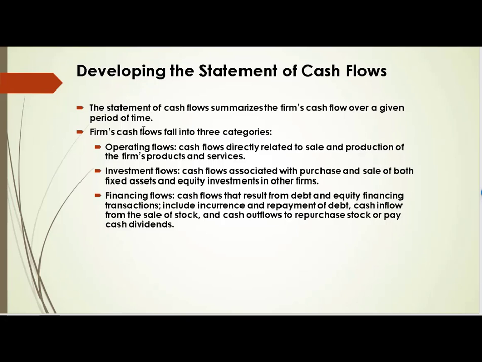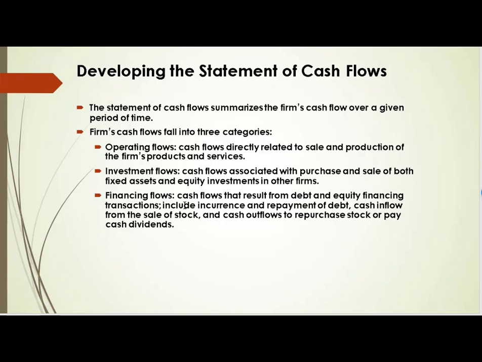So the firm's cash flows fall into 3 categories. Operating cash flows come directly from the sale and production of the firm's products and services. Investment cash flows are associated with buying and selling assets and potentially investments of the company.